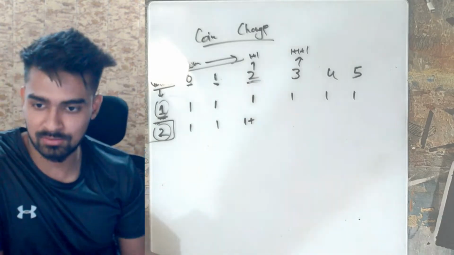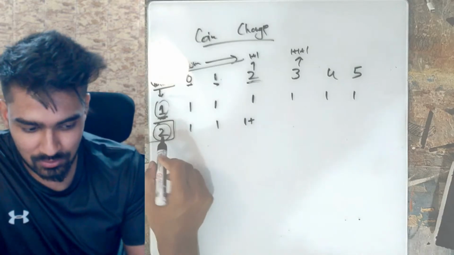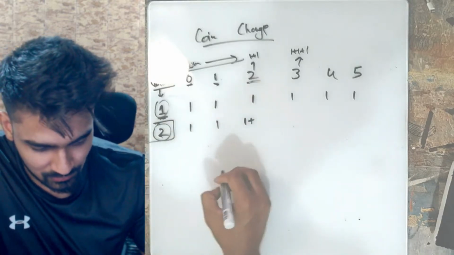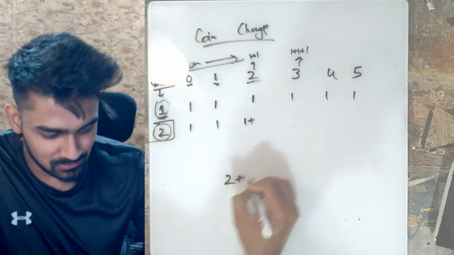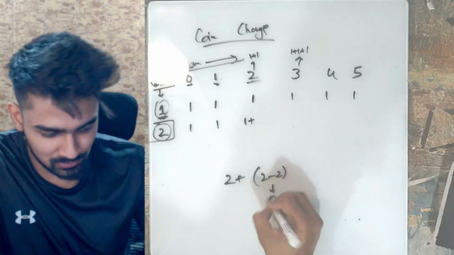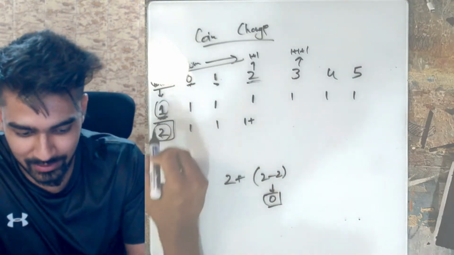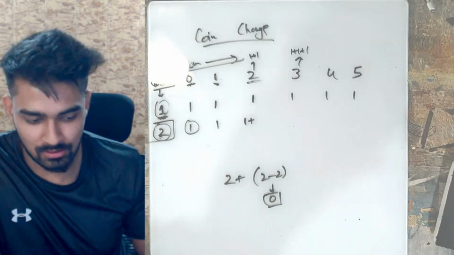So 1 comes here. Or you could actually make use of this 2. So your sum is 2, you took 2, plus sum minus the value you are taking. So this is 0, which means the number of ways of making 0 when you have 1 and 2, which is this one. So you add 1 here.